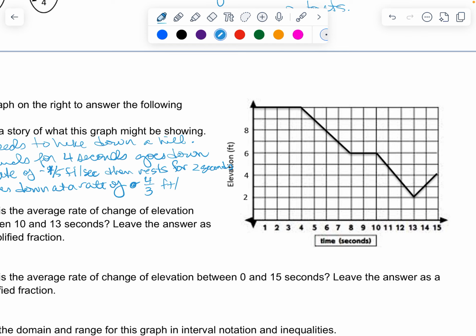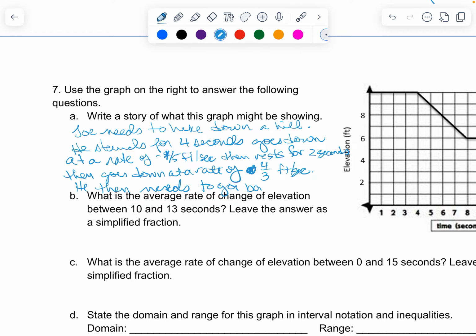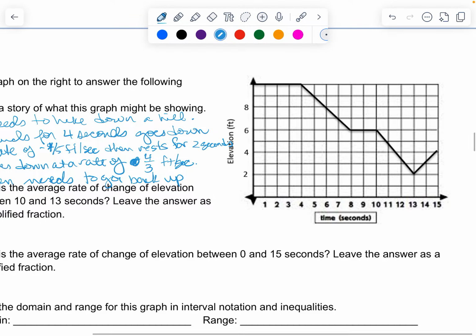Oh, we're going down. We don't need to write the negative. 4/3 feet per second. He then needs to go back up. For 2 seconds.